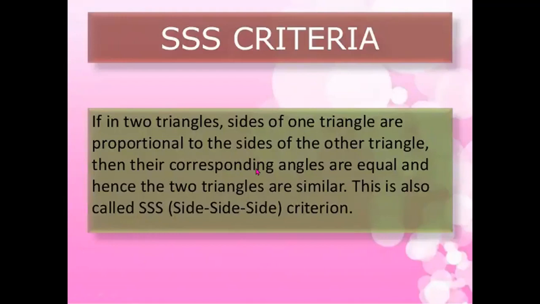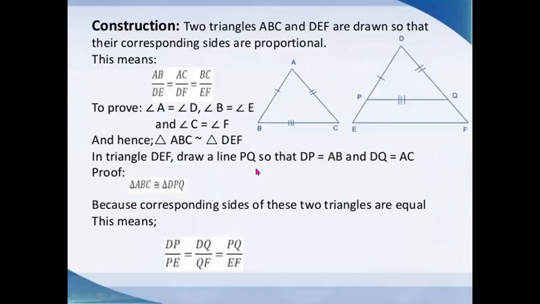Okay, so what does it mean? Explaining further, here are triangle ABC and triangle DEF, so that their corresponding sides are proportional to each other. Looking at it, side AB is proportional to side DE. If they are proportional, then it will qualify as similar triangles.